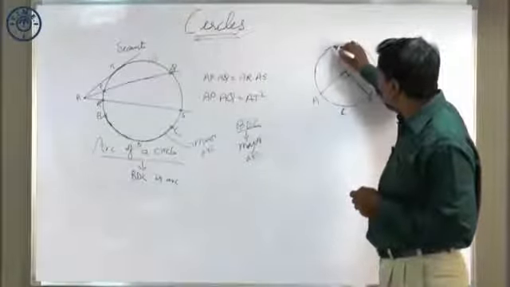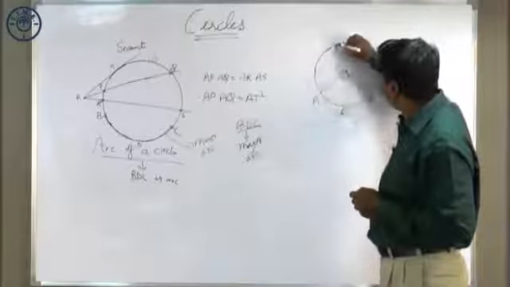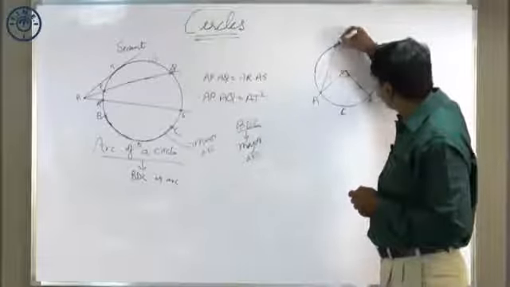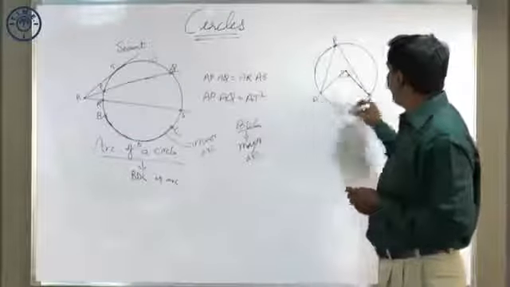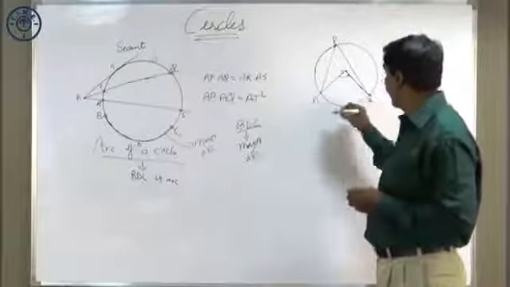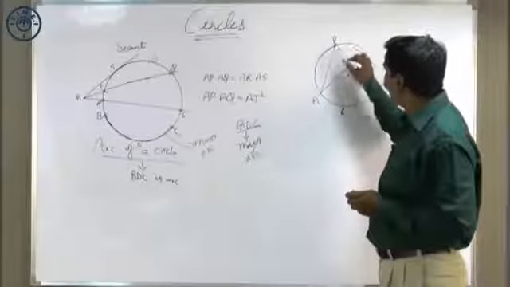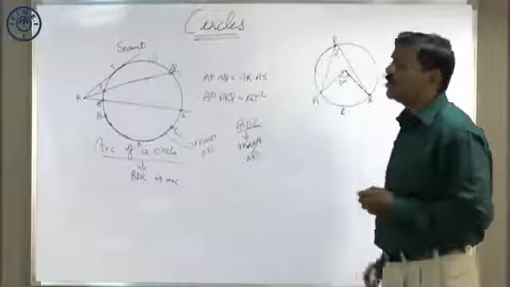Suppose in the remaining portion we consider a point P here, and the angle at P by the arc AB is alpha, then at the center it should be 2 alpha.